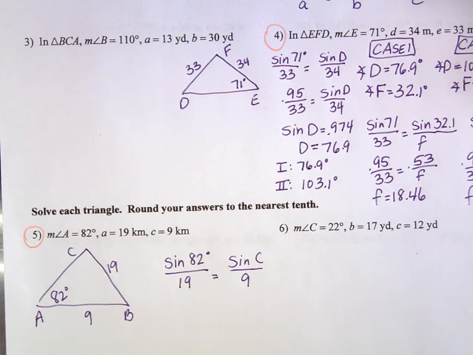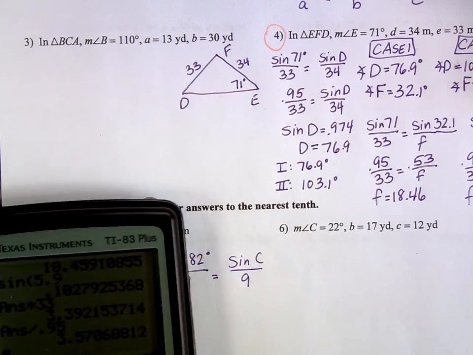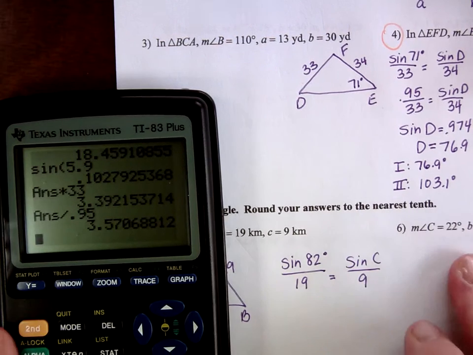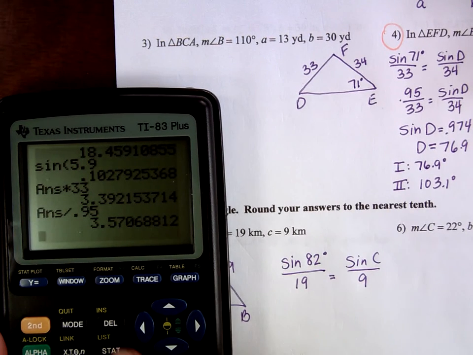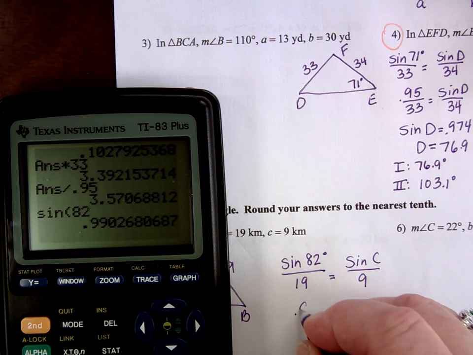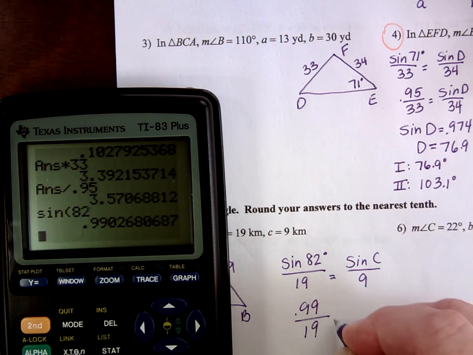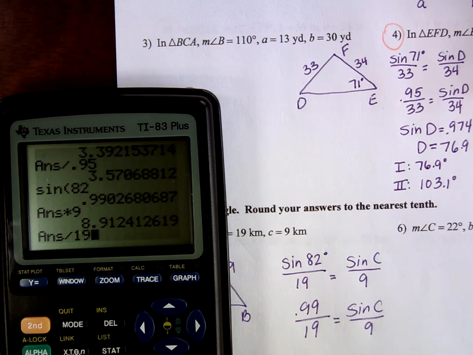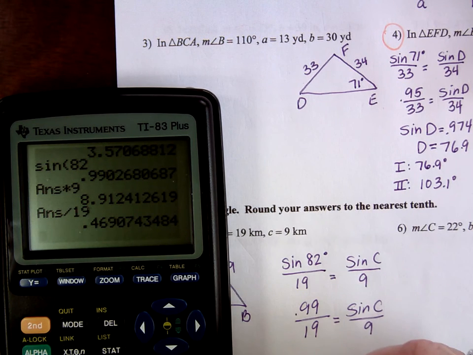I go to my handy-dandy calculator and I figure out what the sine of 82 is. Let me move this over a little so you can see it all. Sine of 82, 0.99 over 19 equals the sine of C over 9. Cross multiply, 0.99 times 9 divided by 19 gives me 0.469.